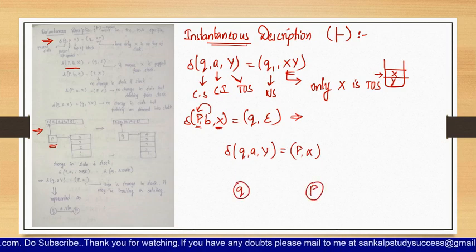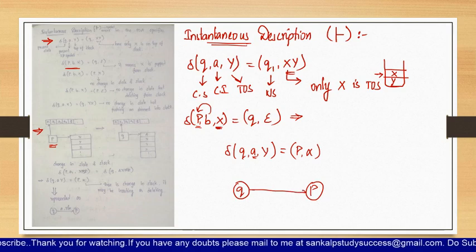So now let us draw Q and P as two states. Now we are going from Q to P by applying an input symbol small a, comma, the top of the stack. You need to write the top of the stack which we had, and the present top of the stack also.